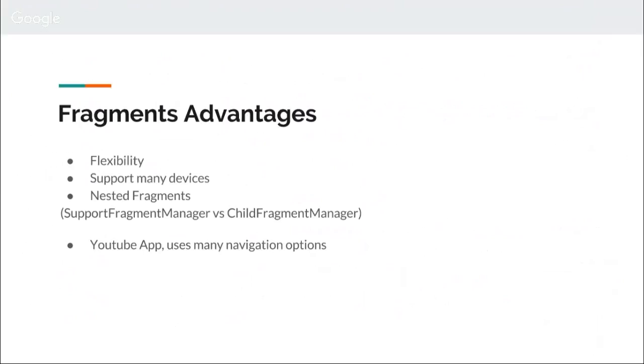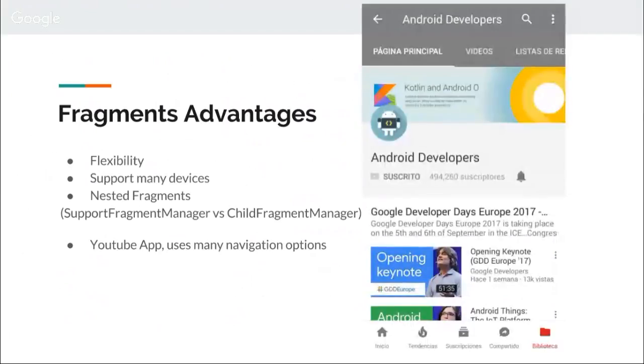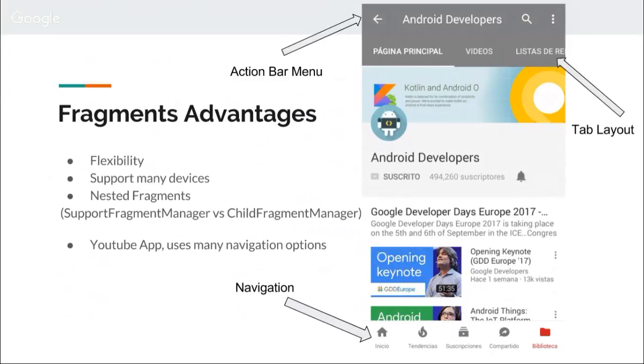YouTube, the application, uses many navigation options. Here you can see, this is the view that you have when you select a channel. You have on the bottom a bottom navigation, where you can see the most important categories. On top of that, there's a fragment, and the fragment has a tab layout.